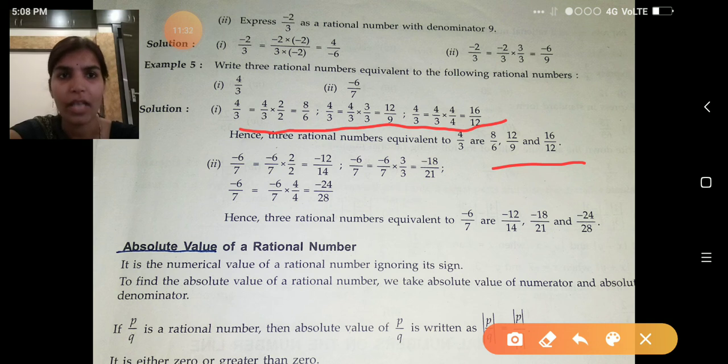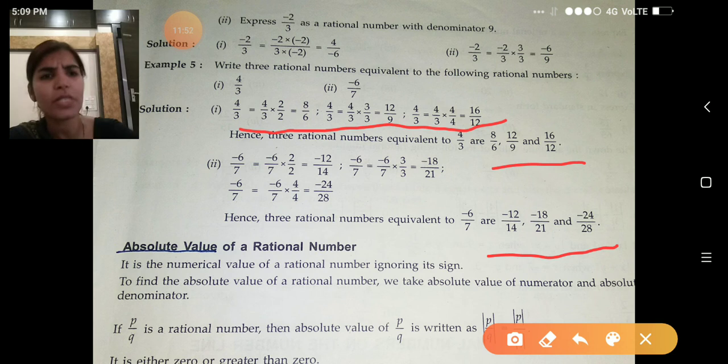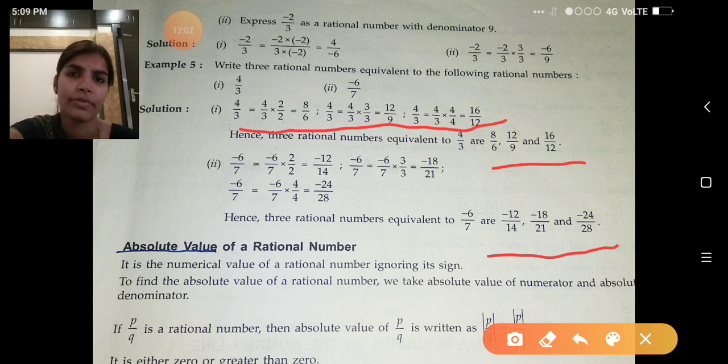Then next, write 3 rational numbers equivalent to minus 6 upon 7. Same here, write down the tables. Minus 6, minus 12, minus 18, minus 24. 7, 14, 21, 28. So you will get the 3. If they tell you to write 5, it is possible, no? 24, then we write 30 upon 35, then next 36 upon 42.